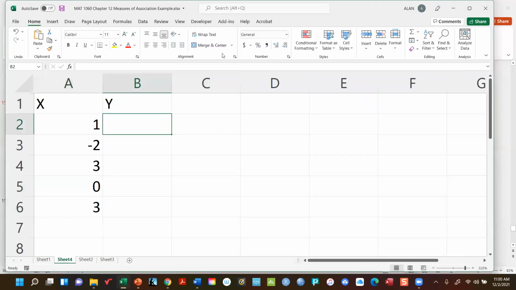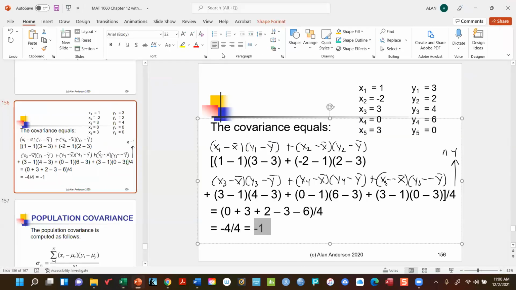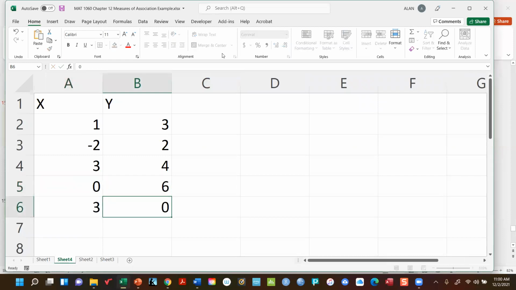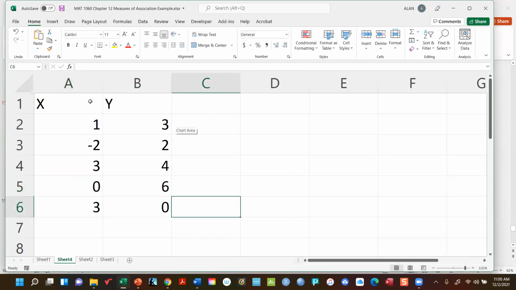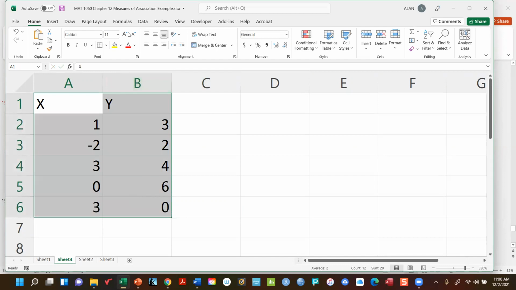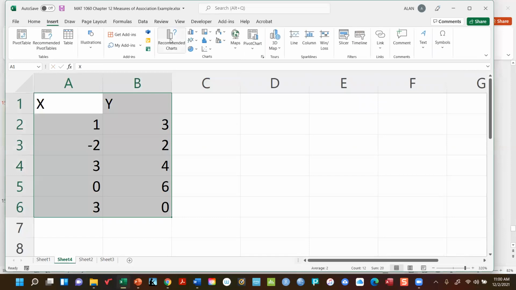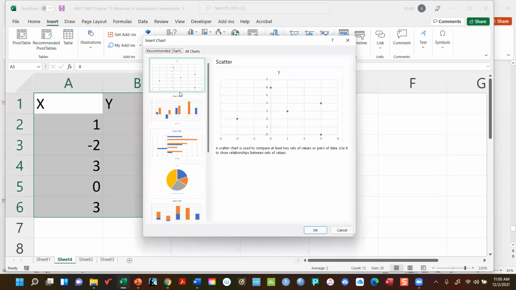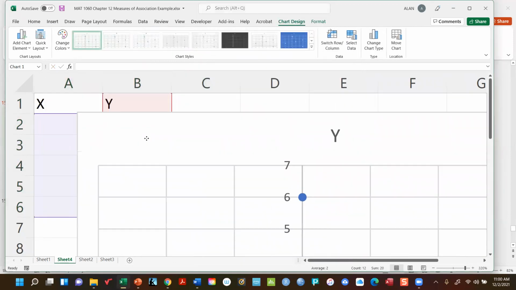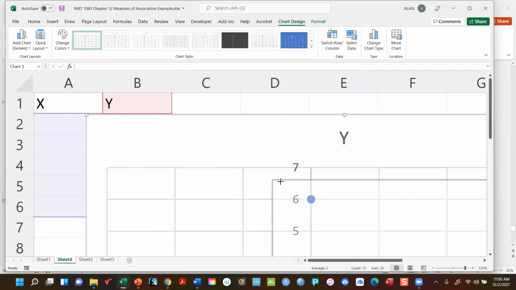Then we'll have 3, 2, 4, 6, 0. All right, so what I'm going to do is ask Excel to plot this for me. It certainly has the capability of doing scatter plots, as we know. Now, with so few points, it's not going to look like much, I can tell you, but we can get the gist of it.